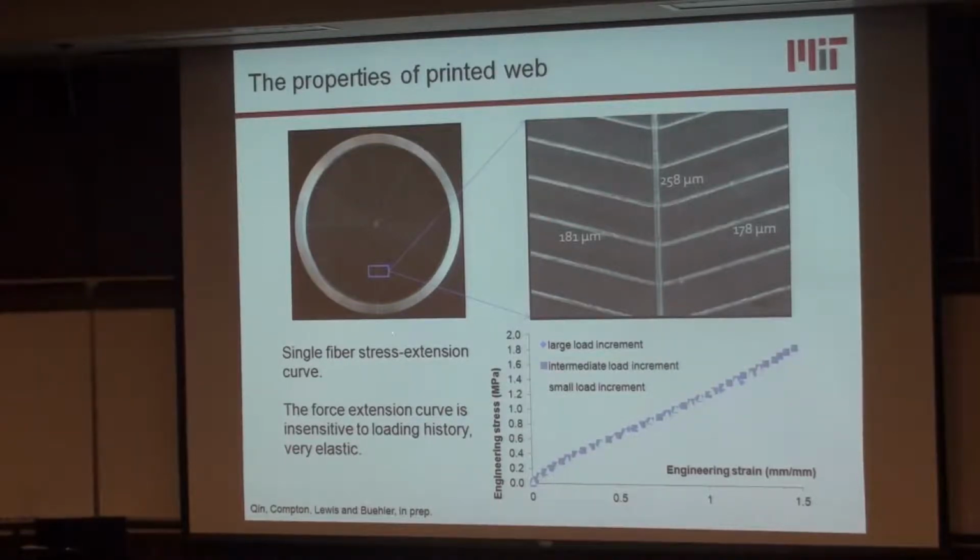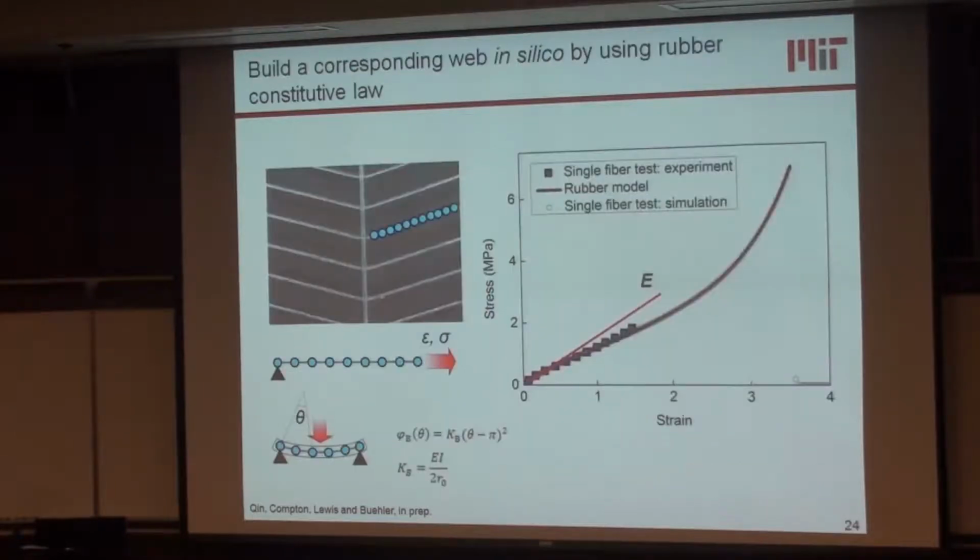And this PDMS is very elastic, and it's not quite sensitive to the loading history, at least for those slow pulling rates of several milliseconds. We used a rubber model to model this PDMS material, and in our simulation the force extension curve looks like this.